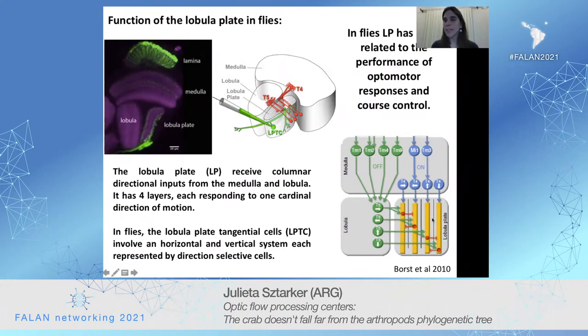Each of these layers responds to one of the 4 cardinal directions. And it receives inputs from the medulla and from the lobula. Because of many different alterations that have been done in the lobular plate where the optomotor responses were lost, we know that this structure is central.